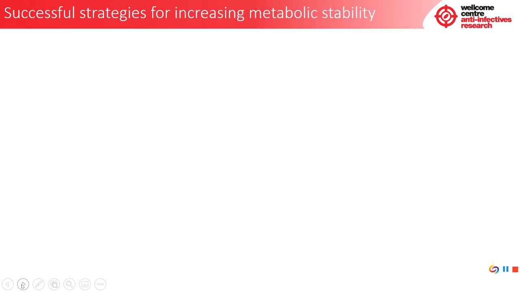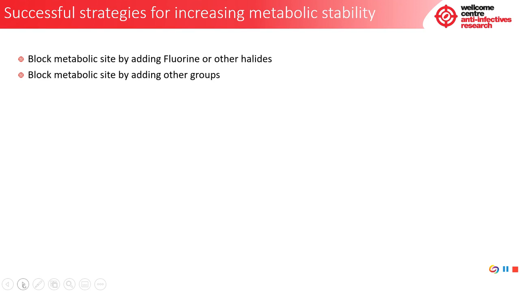Successful strategies for increasing metabolic stability. We can block metabolically labile sites by the addition of fluorine or other halides. We can block the metabolic site by the addition of other groups. We can remove labile functional groups.